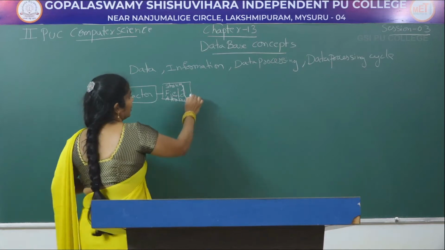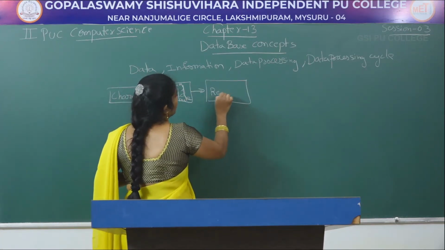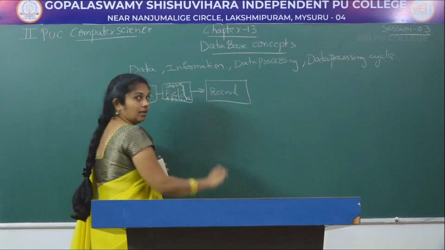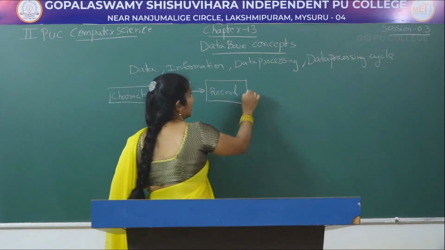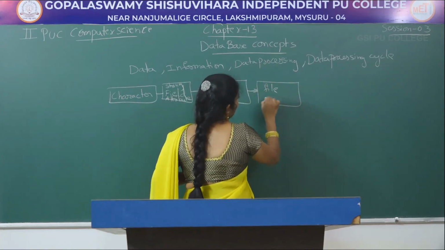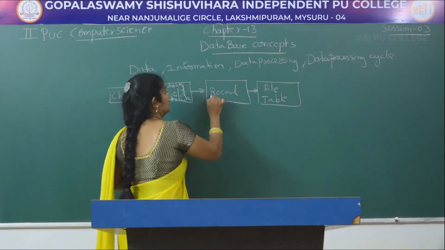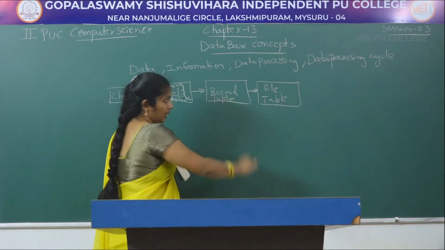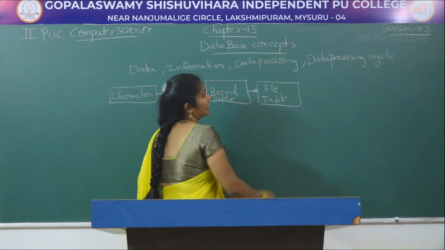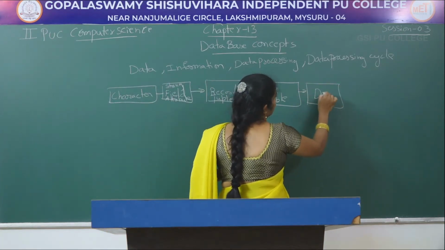The collection of these fields can be called a record. The collection of records can be called a file, or a table. The collection of records is also called a tuple. The collection of related tables can be called a database.